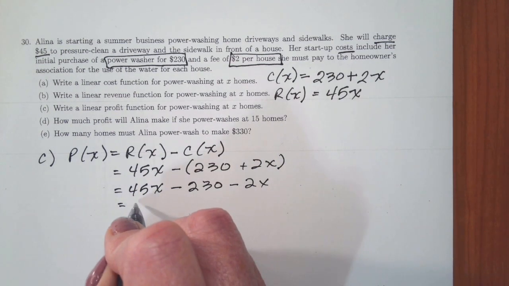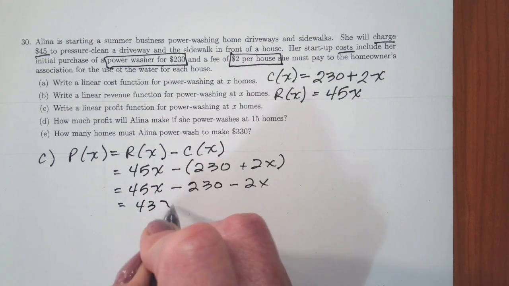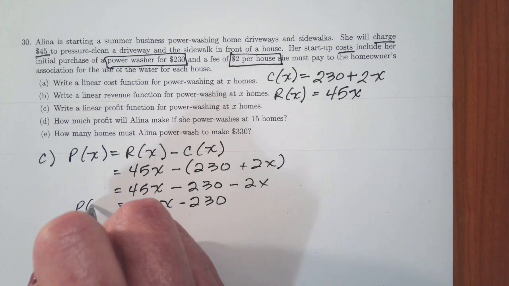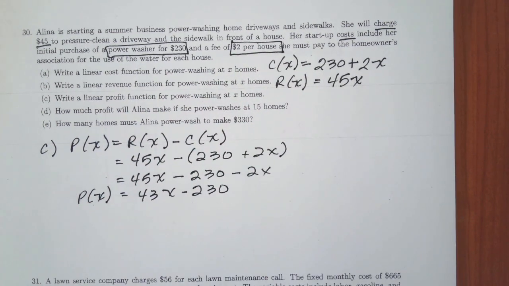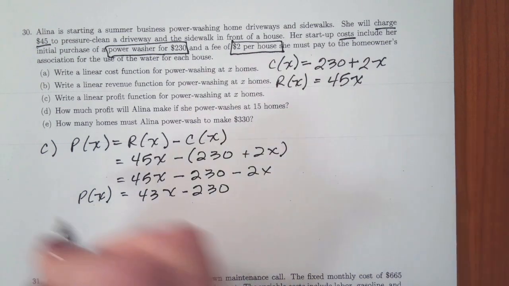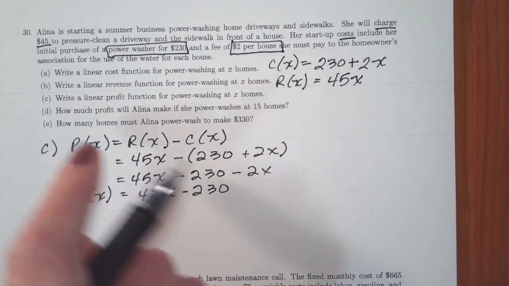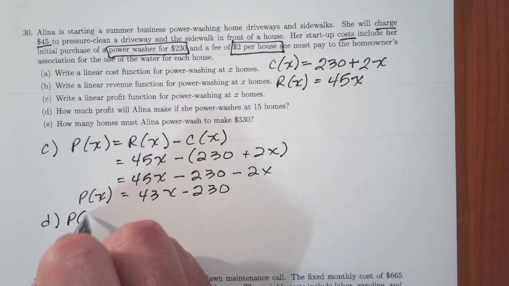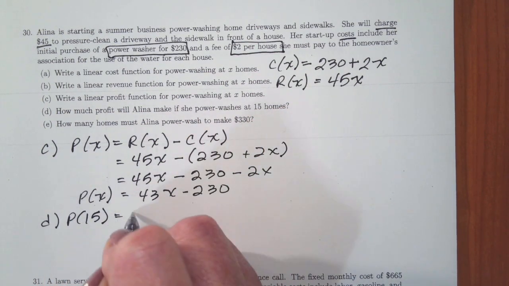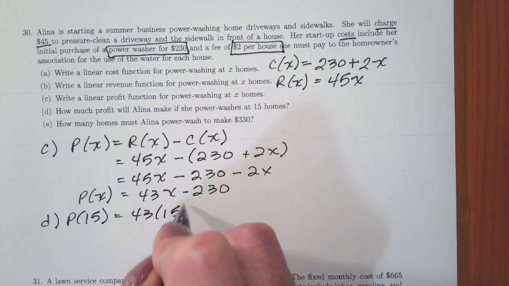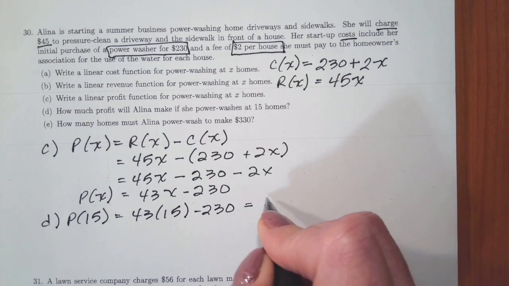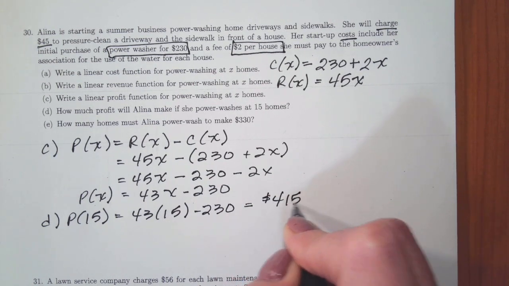So if I combine my like terms, that's 43x minus $230. So that's my profit, or her profit. Okay. For part D, what is the profit if she washes 15 homes? So that just means find P of 15. So that's 43 times 15 minus 230, which is $415.